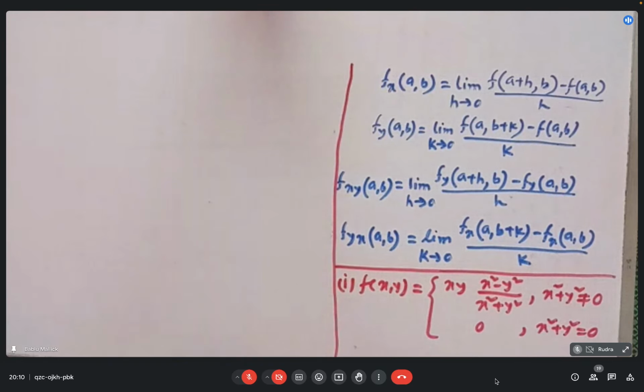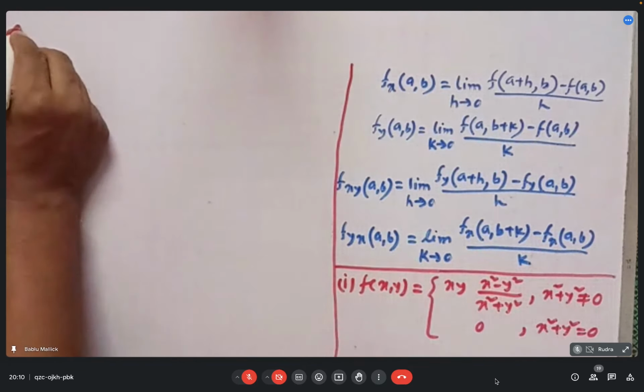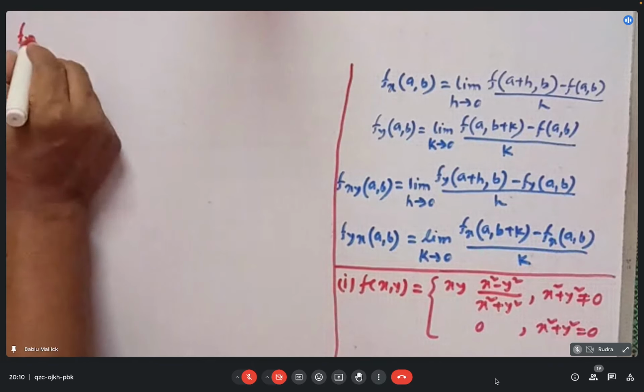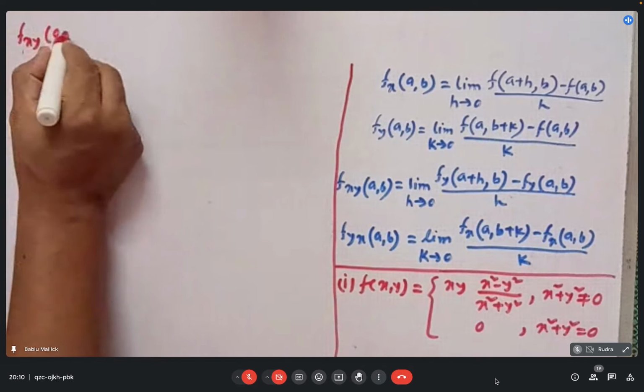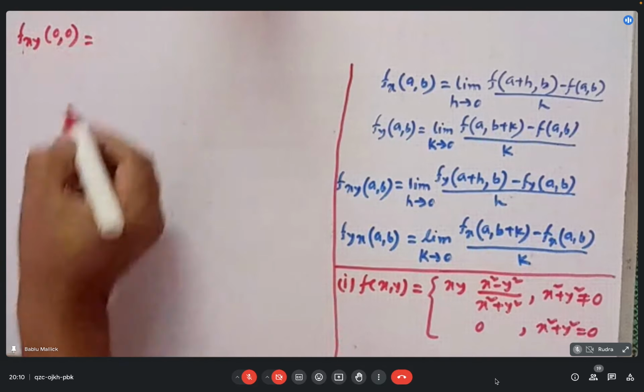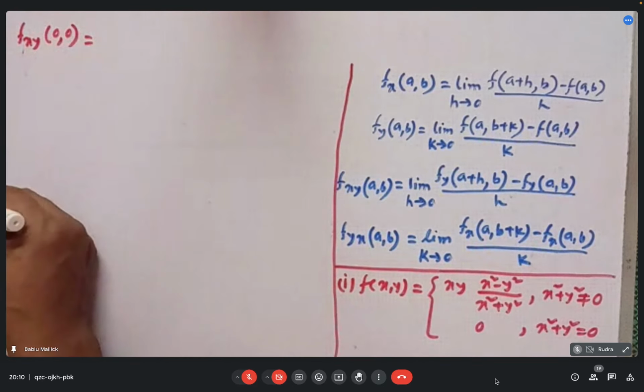Here just I shall calculate one side and second side is your homework. দেখো fxy at 0 0 I shall do, and your homework is fyx at 0 0.